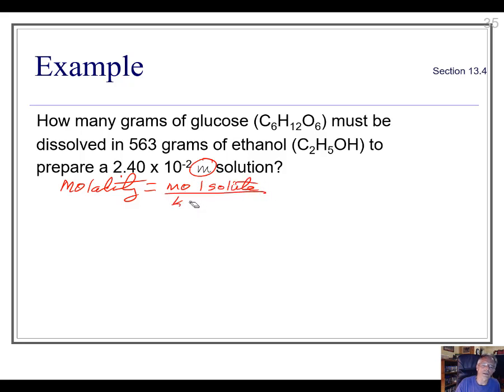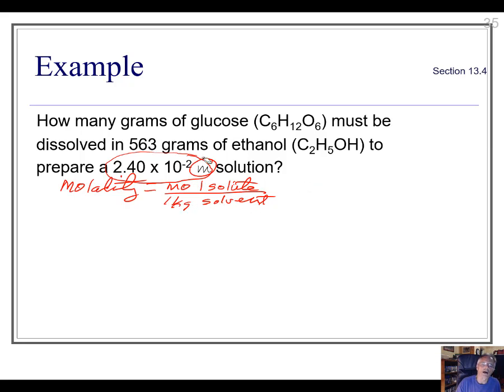So we need moles, and that is right here in this concentration. This is telling us how many moles of solute there are in 1 kilogram of solvent.